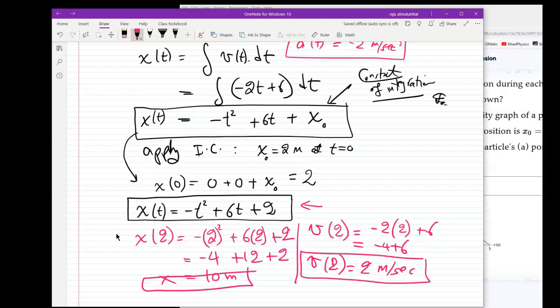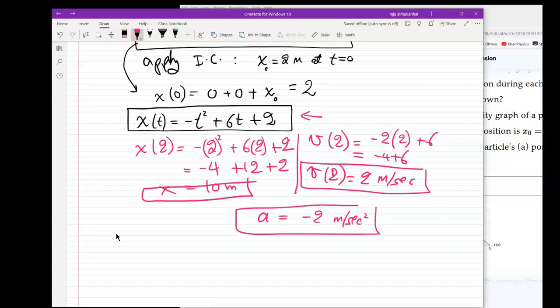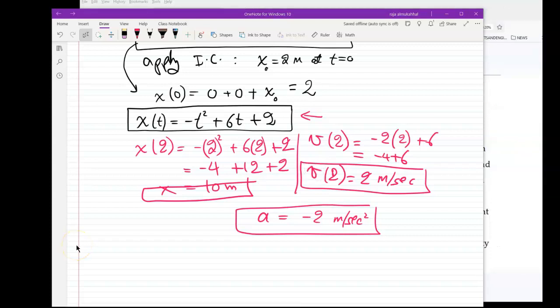And of course the acceleration is constant, equal to, I forgot what it is, negative 2 meters per second squared. And there we go, I have them all. Okay, and basically I have a full solution of the problem. You got that? Okay. In the next video, I will be talking about kinematic equations and free fall.